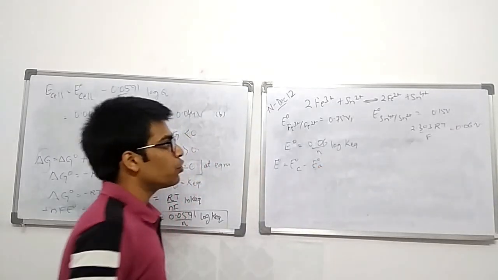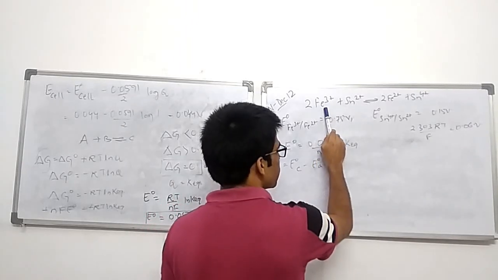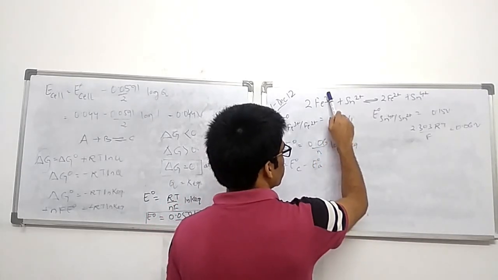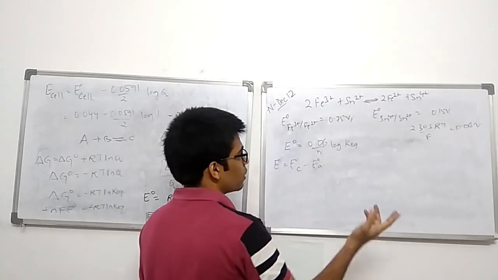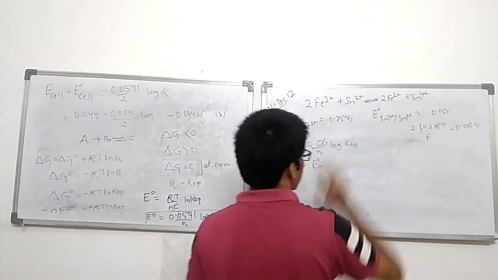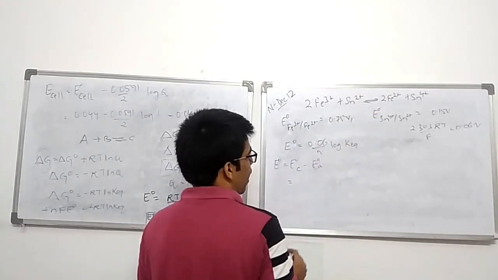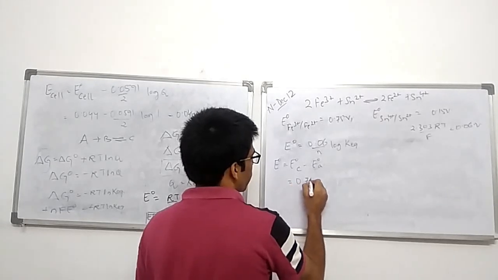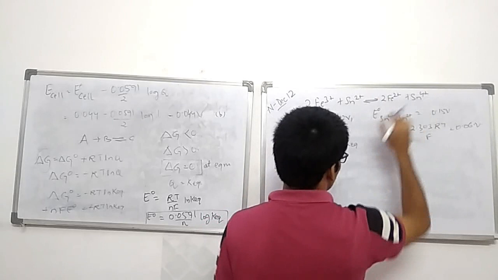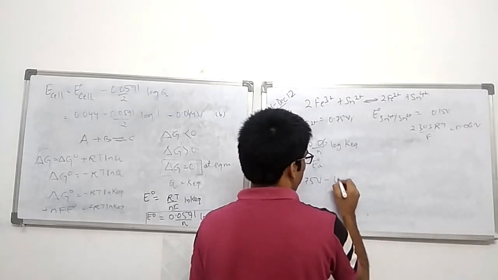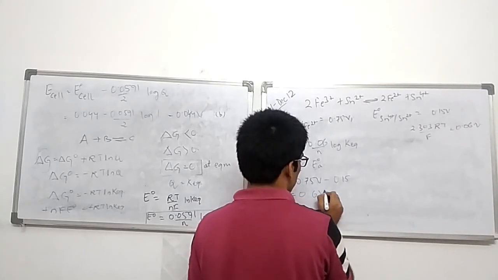Fe3+, at oxidation state 3, is getting reduced to oxidation state 2, so this is my cathode, and I directly write the reduction potential for iron, 0.75 volts. Sn2+ gets oxidized to Sn4+, which is the anode, so minus 0.15. That gives me 0.6 volts.